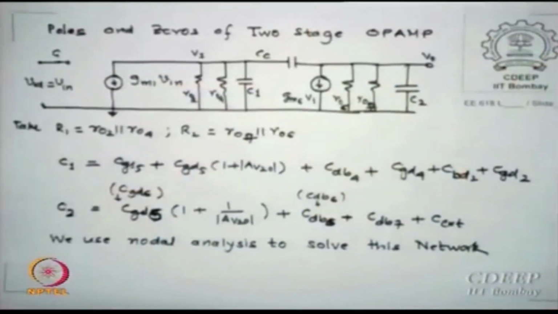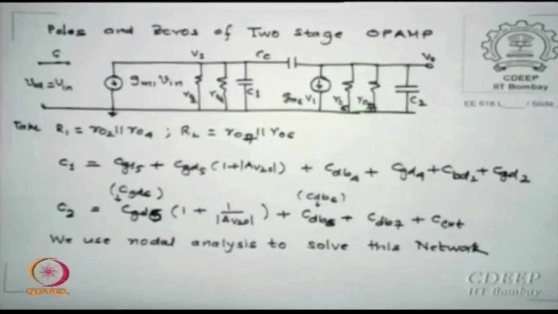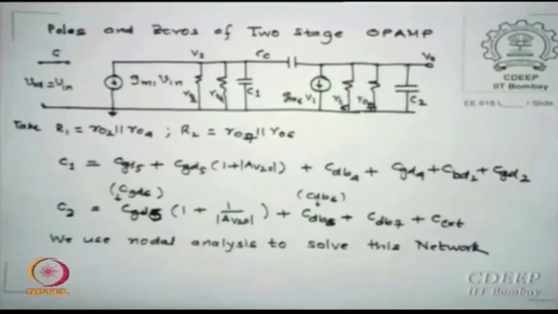Please note down, these are given in books, it is not that I have invented them. Just see the transistor and at that node which you are looking at, which parasitic capacitance for each transistor comes there.